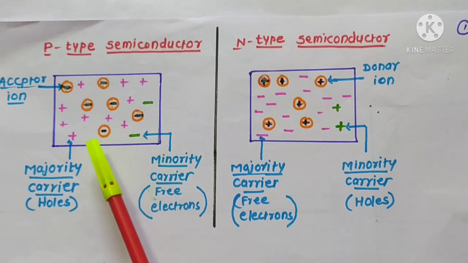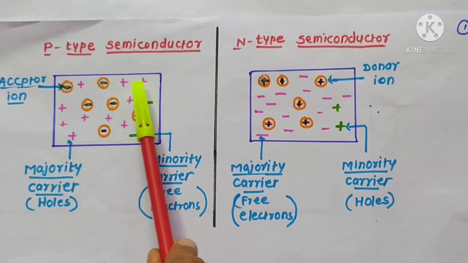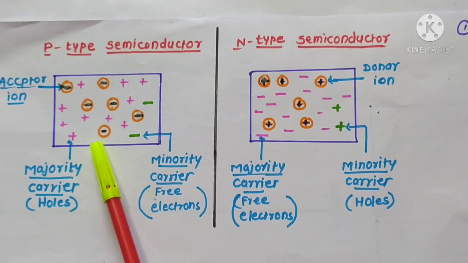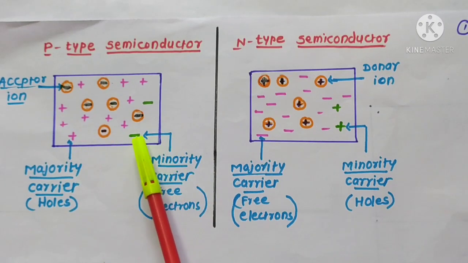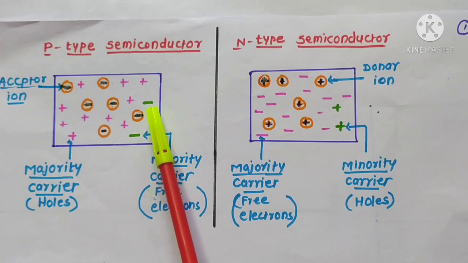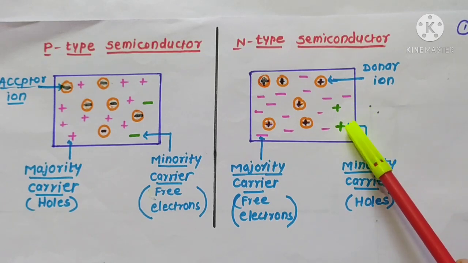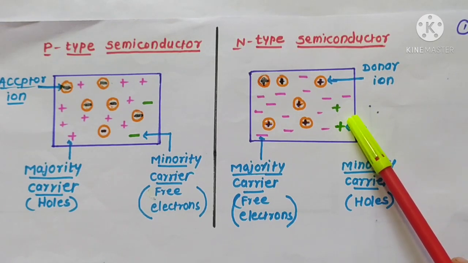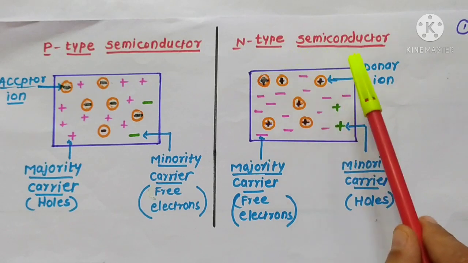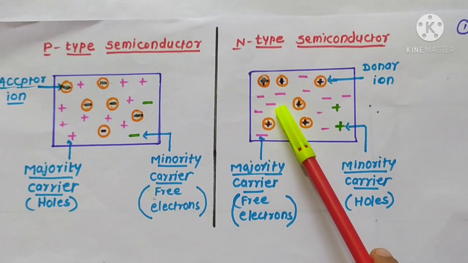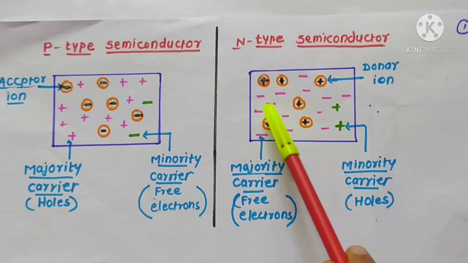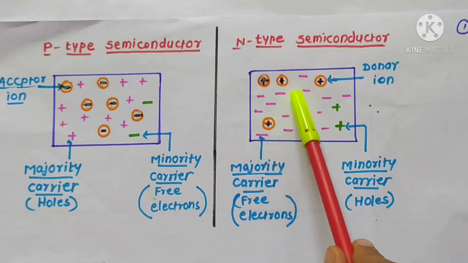Students, you can see in this diagram the pink plus sign shows holes, and they are majority charge carriers, while the green negative sign shows free electrons, meaning minority charge carriers. In the same way, in n-type the plus sign shows minority charge carriers, holes, and free electrons are majority charge carriers, so they are large in number, shown with pink color.